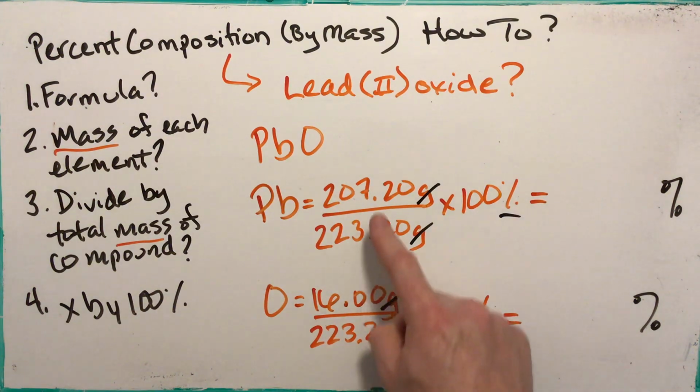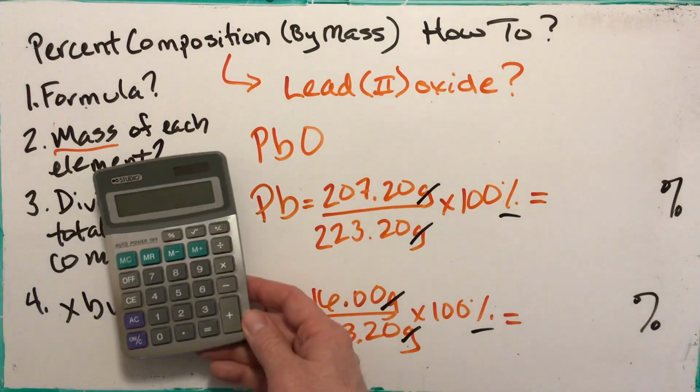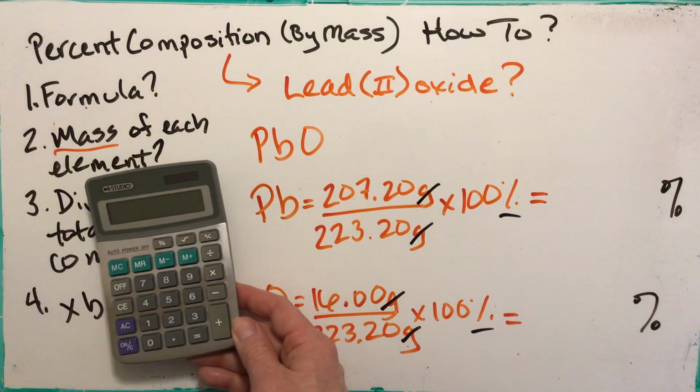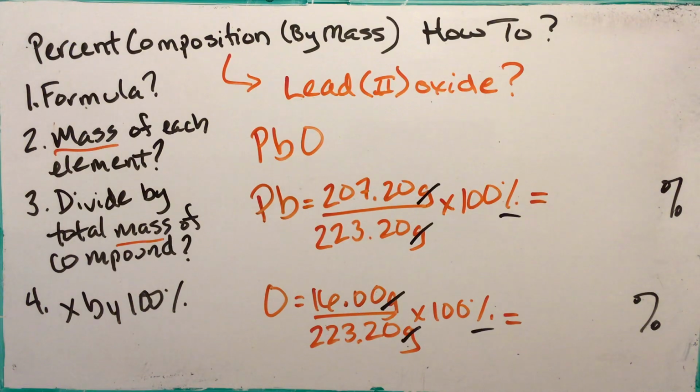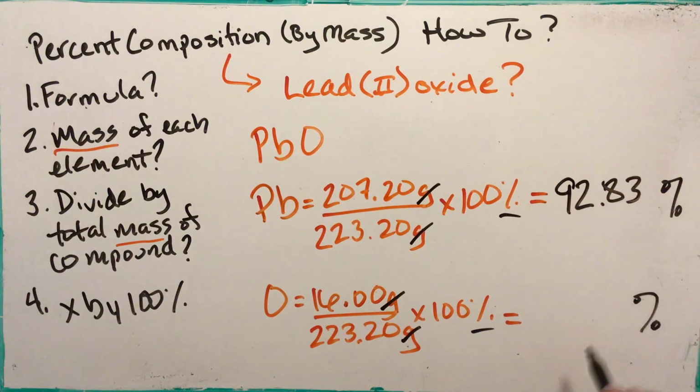And when I take this number and I grab the old Calculator-O-Matic 3000 here from the Dollarama, one of the best stores on earth, and I put the numbers in, this one comes out to 92.83%. There's a decimal there. And this one is 7.17%.